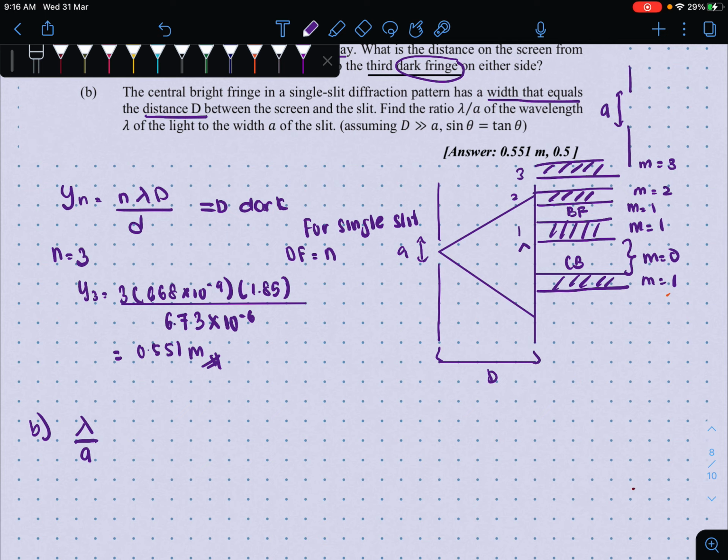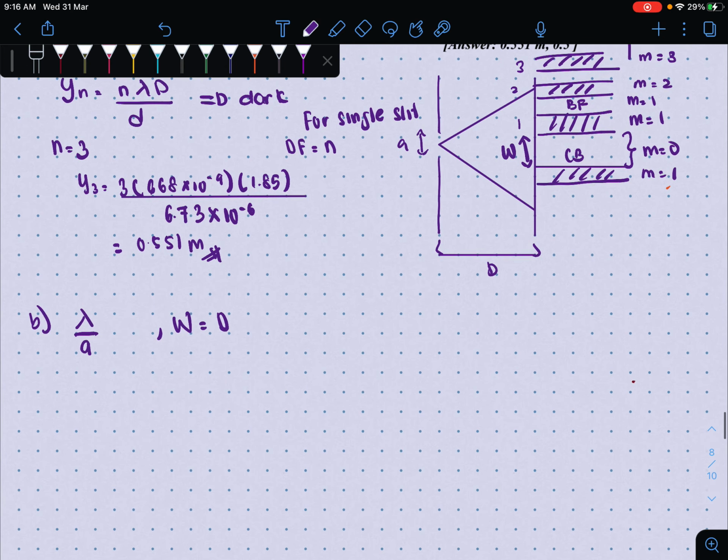So width kita ini kelebaran kita punya central bright W. W ini dia cakap sama dengan D kita, iaitu jarak from the slit to the screen. However, generally we know W is always 2 kali Y1. Y1 dekat sini adalah for dark fringe sahaja.